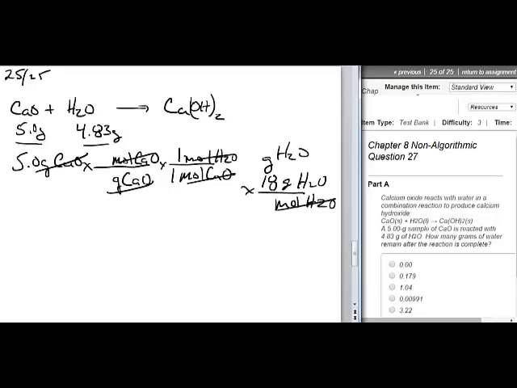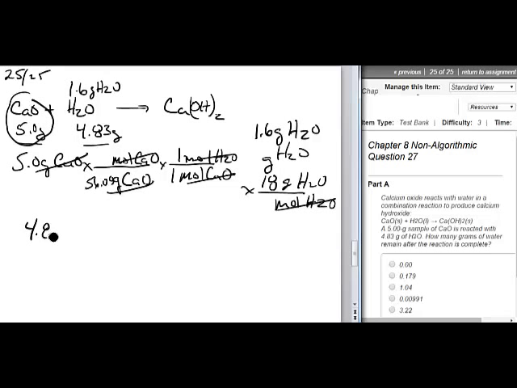Now calcium oxide, that turns out to be 56.08, and what I find out here is that this becomes 1.6 grams of H2O. So here's what it's saying: to consume this 5 grams, it takes 1.6 grams of H2O.